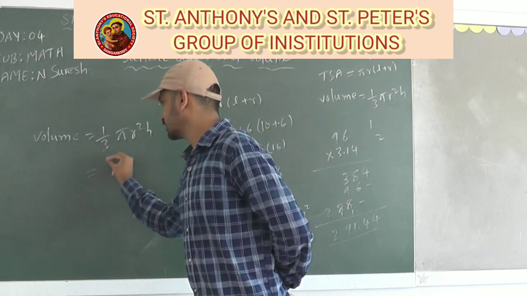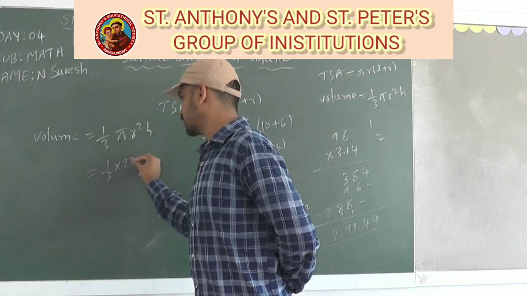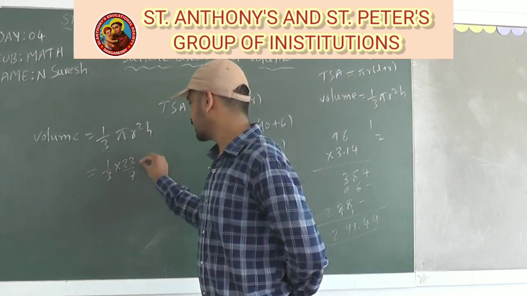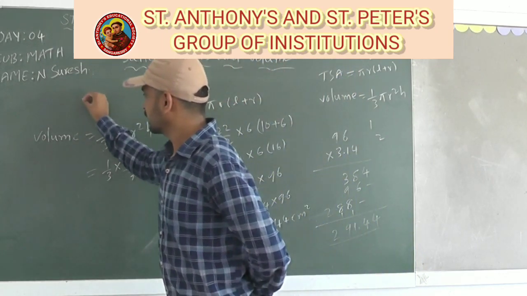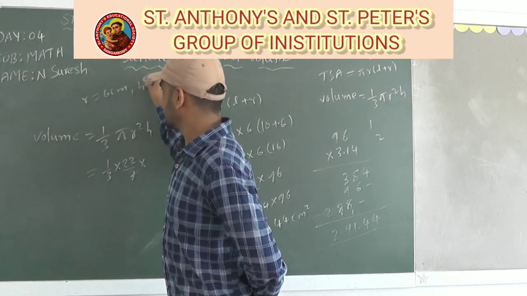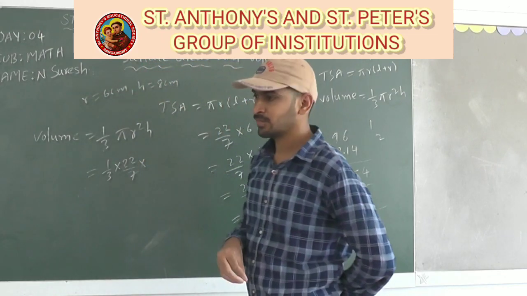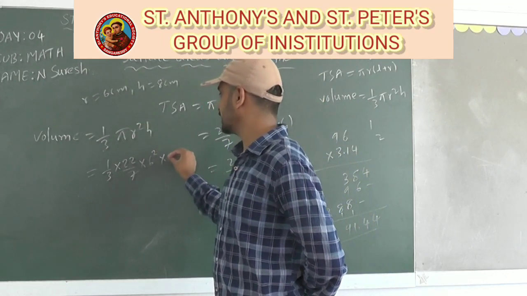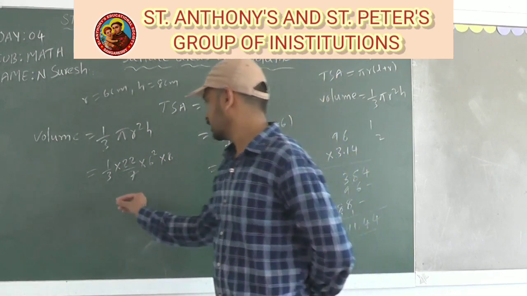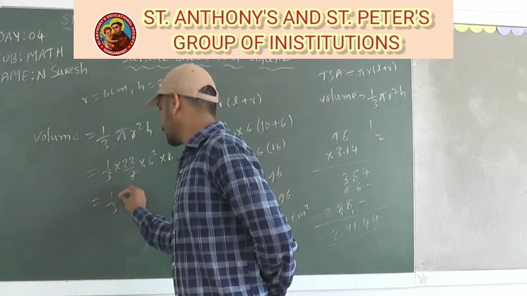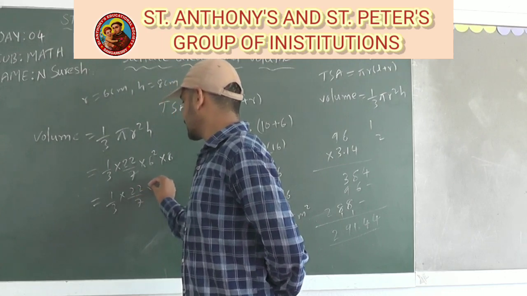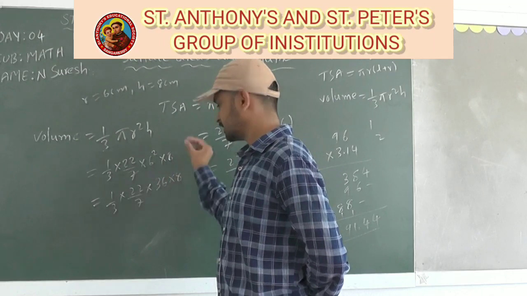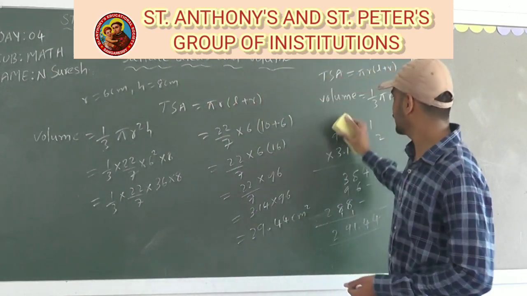So 1/3 into pi equals 22/7, otherwise I can also write 3.14, both are same, into r, r equals 6 centimeters, h equals 8 centimeters. So now 1/3 into 22/7 into 6 square, that is 36, into 8. So we have to multiply that now.